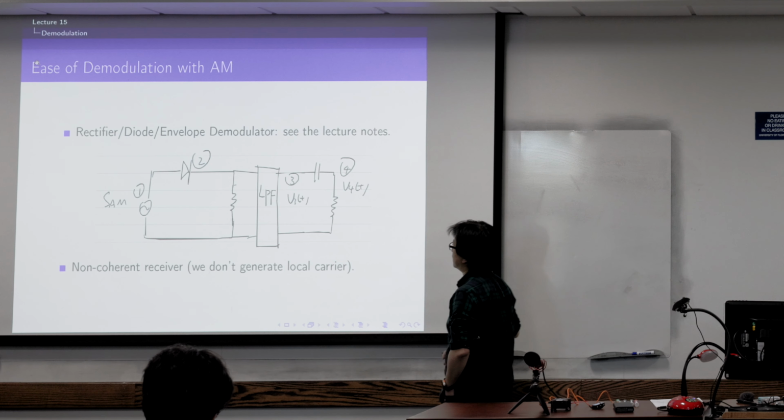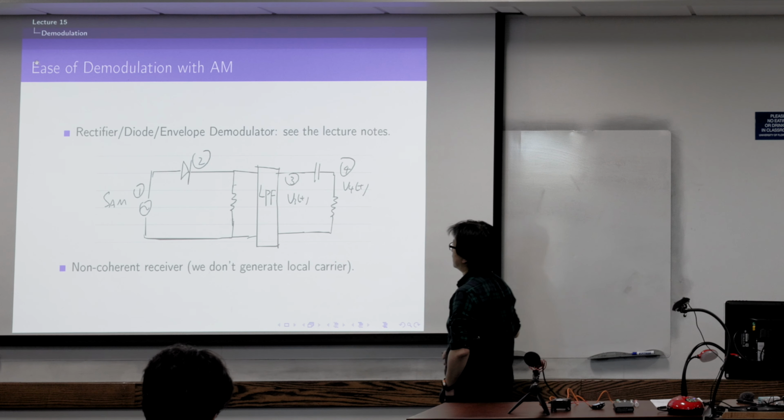And after that, we pass it through a LPF, and then we can get rid of the AC component to get the output signal, right? This is a little bit more complicated circuit structure in the book.